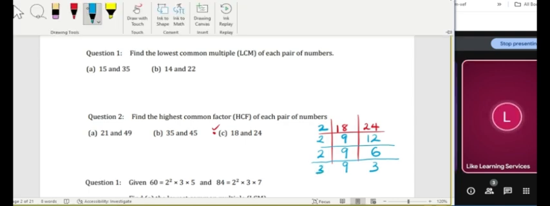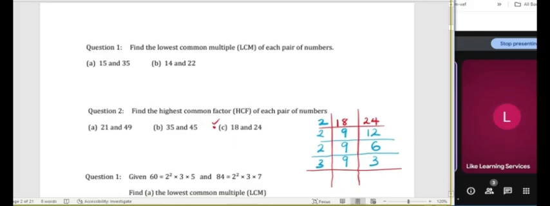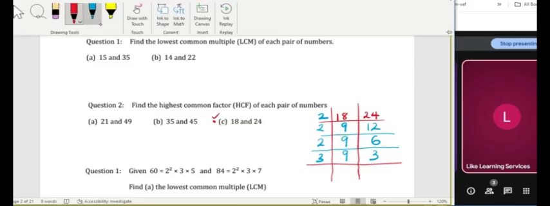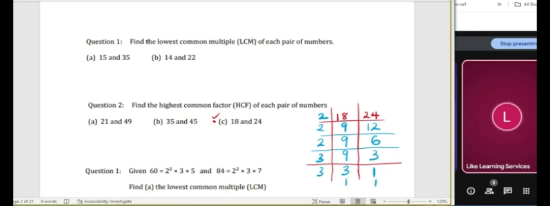Let me use a line here. 9 divided by 3 is 3, isn't it? Yes. And 3 divided by 3 is 1. What can I use to divide again? 3. 3 divided by 3 is 1, and you also bring this one down.